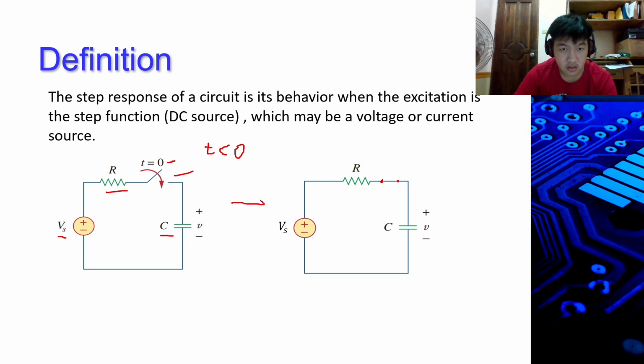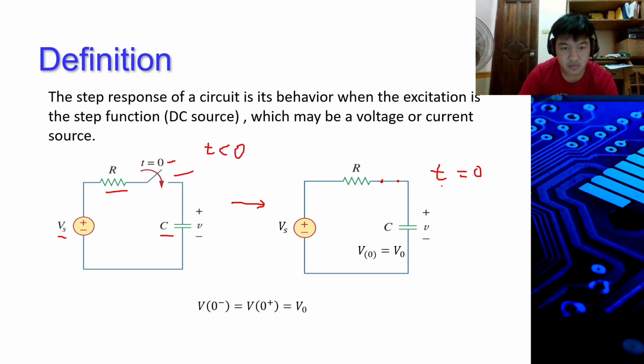So, if we consider at time equal to 0, V of 0 is equal to V naught. Let's find the voltage response in the capacitor.